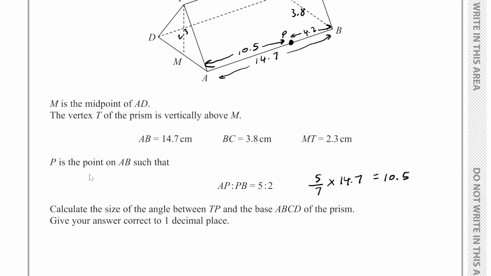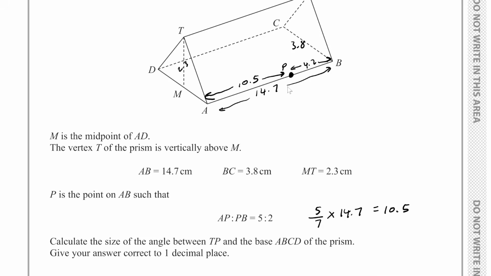Calculate the size of the angle between TP, so T to P, and the base ABCD. Give your answer to 1 decimal place. So we have a right angle triangle here. So we know we've got 2.3 as the height. We can work out M to P using Pythagoras.